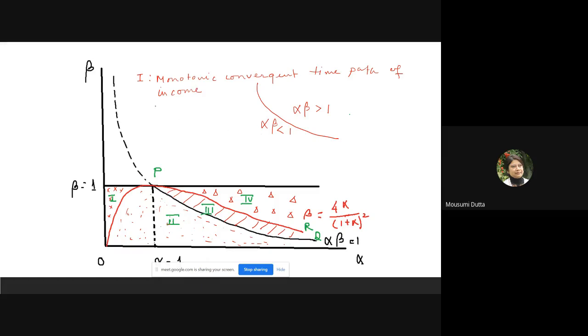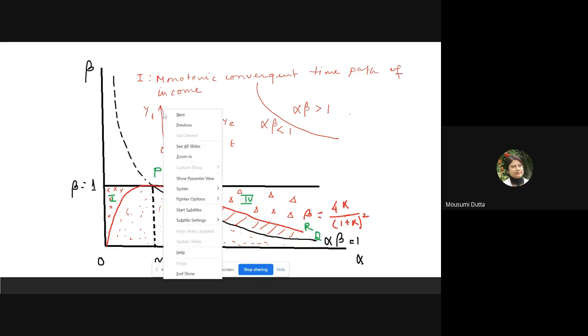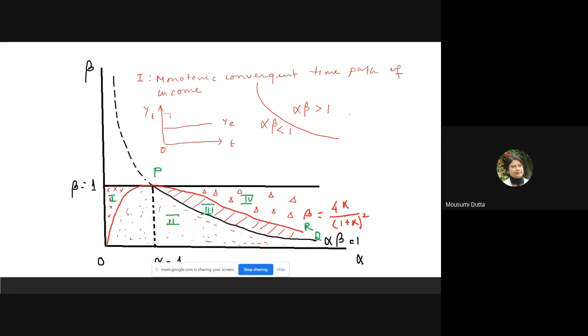So if I draw the diagram, this kind of time path we will have. Is it clear?